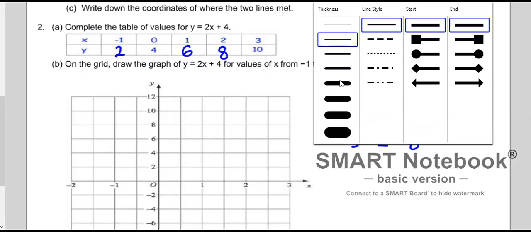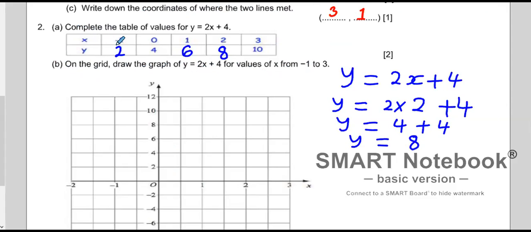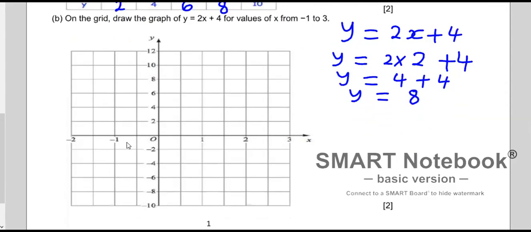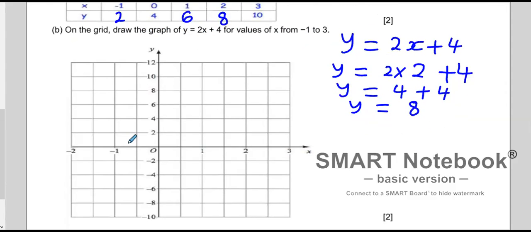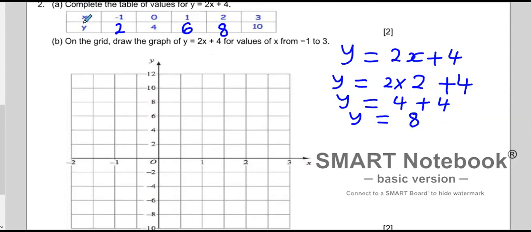What we do, you take your pencil and transfer these numbers from the table onto graph paper. Starting with -1, 2: that means x is -1, y is 2. So you put a dot somewhere there.